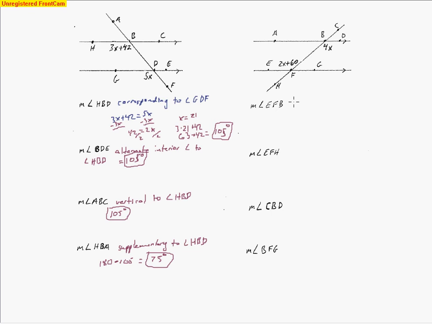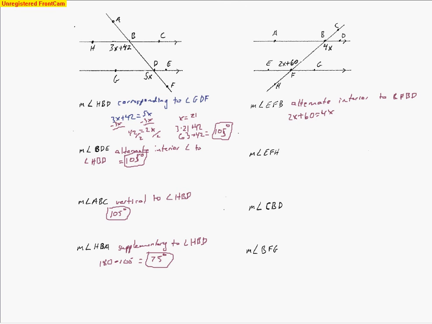So I'm going to say it's alternate interior to angle FBD. And so what that's going to give me is an equation to set up: 2x plus 60 equals 4x.